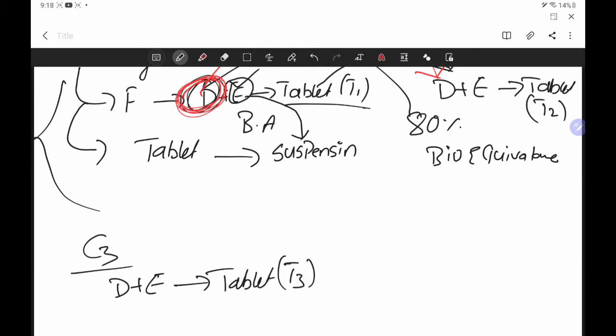So company 3 wants to manufacture a tablet using the same drug, but the excipients are different because company C1 is an innovator. It never shares its excipient ratio and type of excipients, but it will share only the drug used because its patent has expired. Now again this company C3 also wants to go for bioequivalence studies as per the requirements of the regulators, and they want to prove that this is the bioavailability which is matching 80% with the innovator product. For this also you have to use human beings.